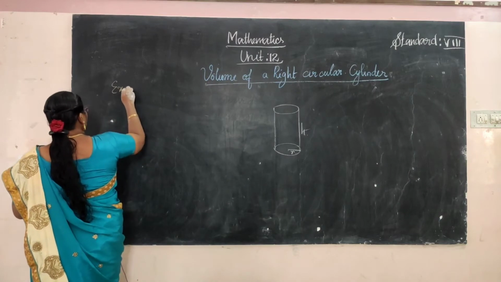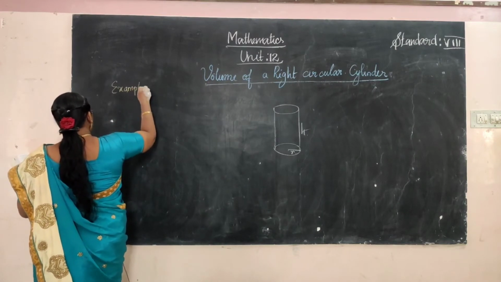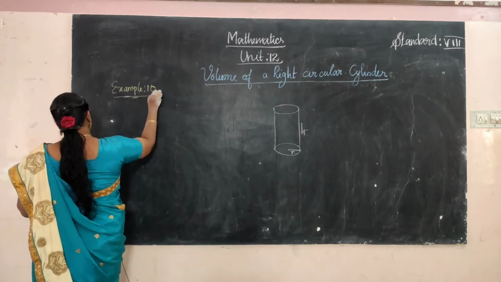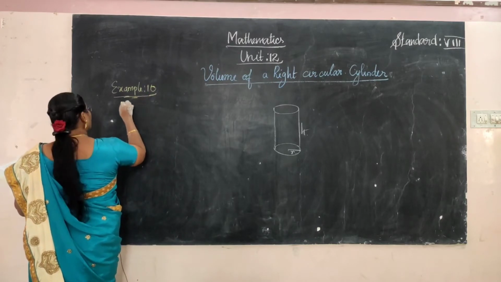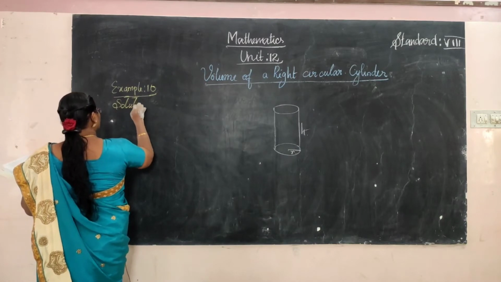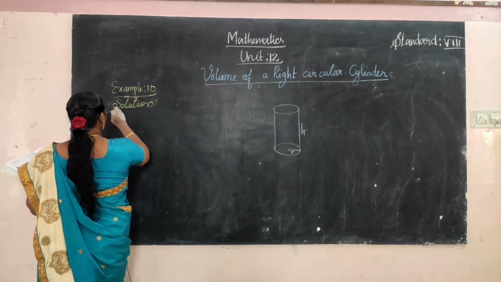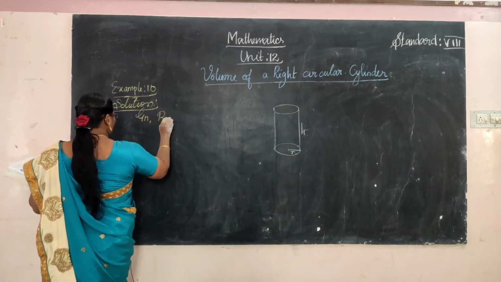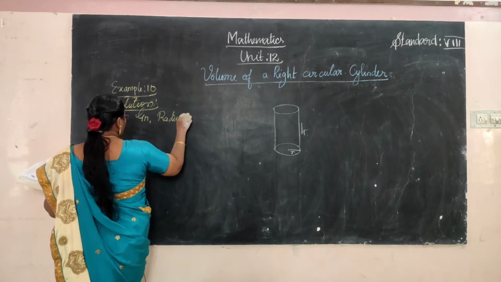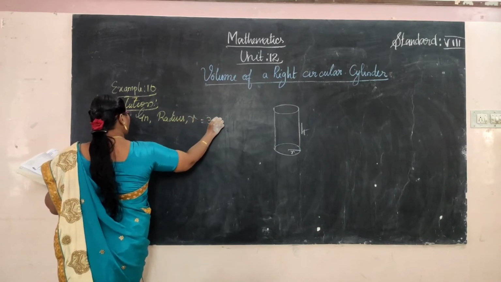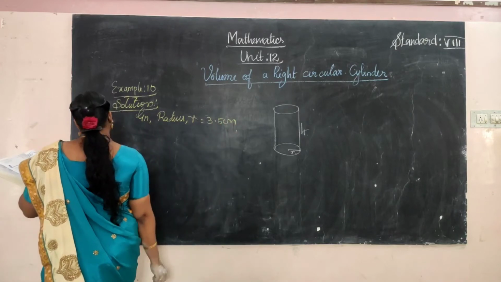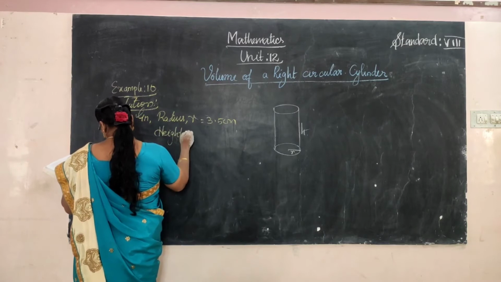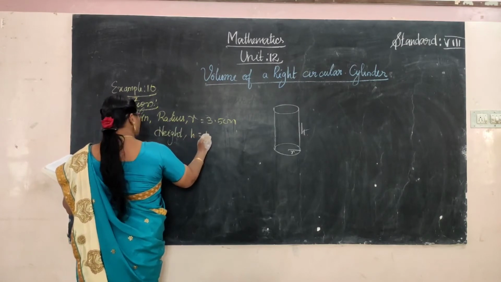Example 10. Solution. Given radius r is equal to 3.5 centimeter, height is 10 centimeter.